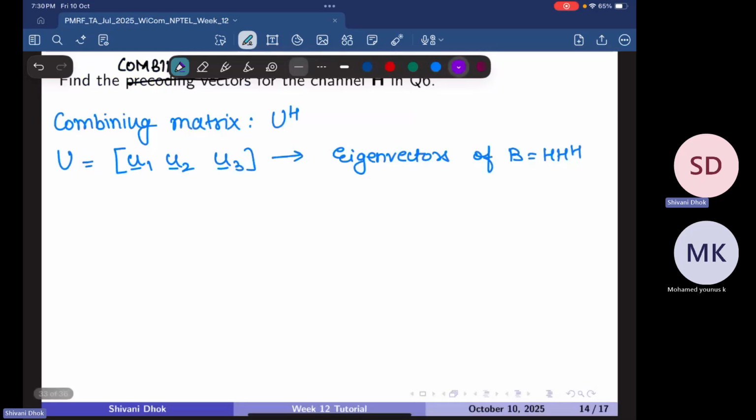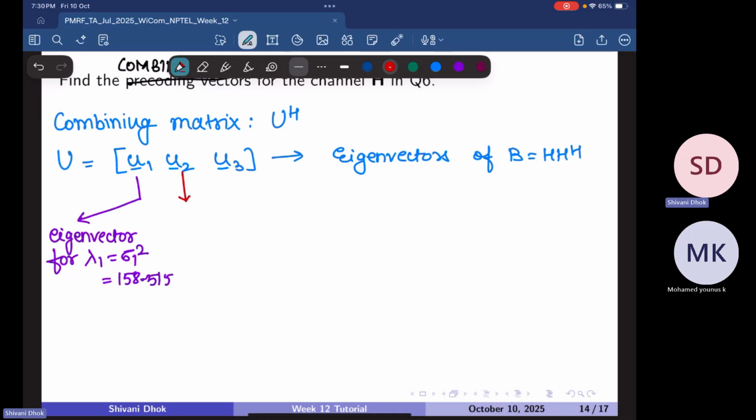So U1 is the eigenvector for lambda 1 equal to sigma 1 square equal to 158.515.